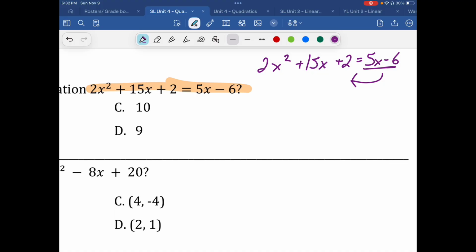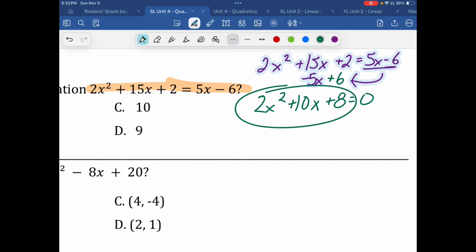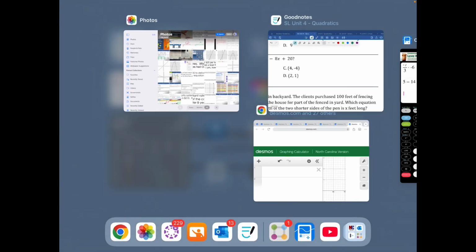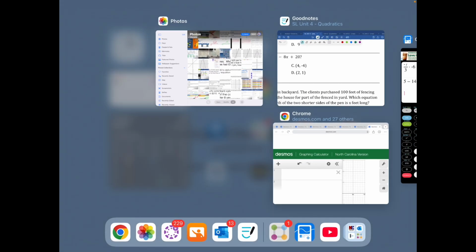To get the 5x over, it's a positive 5x, so to do the opposite I subtract 5x. To get the negative 6 over, I do the opposite and add 6. So we get 2x squared, 15x minus 5x is 10x, and 2 plus 6 is 8, and this equals 0. That is what we put into Desmos.